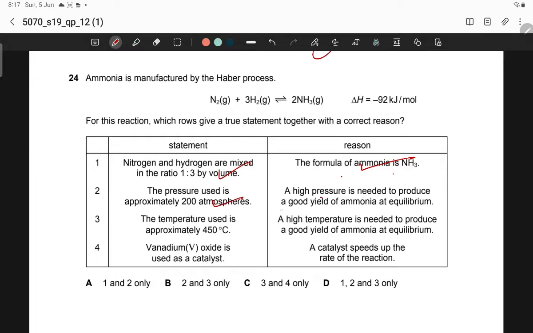High pressure is needed to produce a good yield of ammonia. The temperature used is approximately 450 degrees centigrade. A high temperature is needed to produce a good yield of ammonia at equilibrium. Vanadium 5 oxide is used as a catalyst. A catalyst speeds up the rate of reaction. Options 1 and 2 are correct.